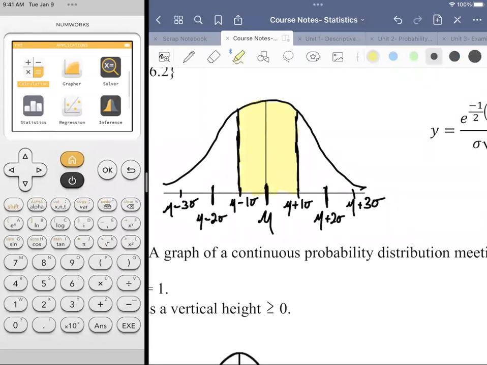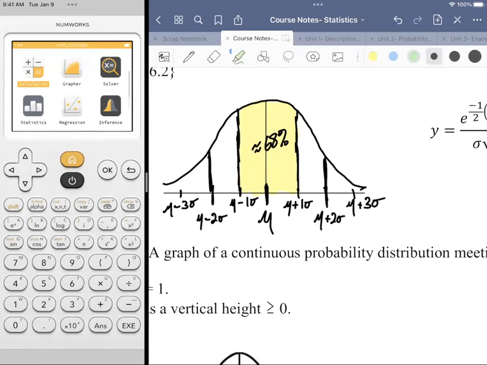That's going to capture about 68% of the data. All right, and we're going to learn where these values come from, which is kind of nice. All right, so 2 standard deviations around the mean would capture about 95% of the data.